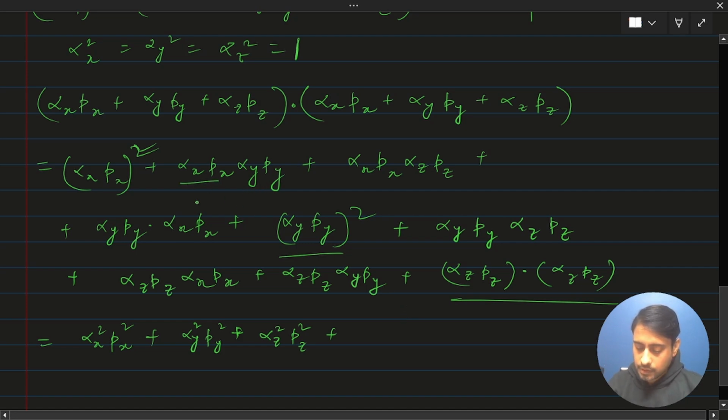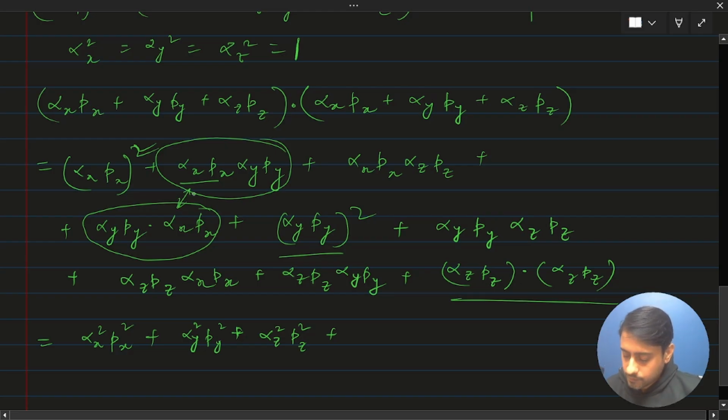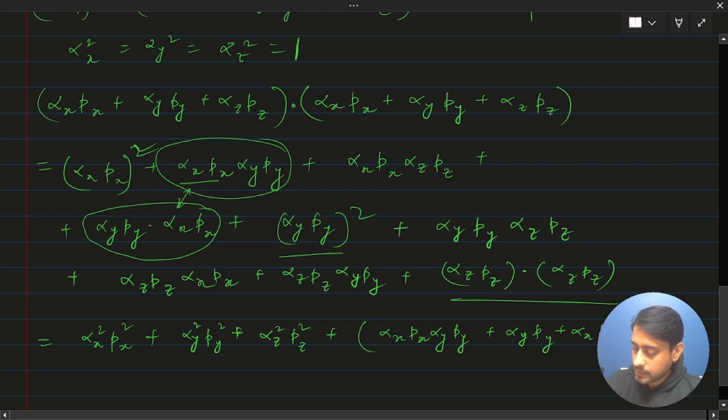You can see that these two terms are related, so we can write them together in a single bracket: alpha x px, alpha y py, plus alpha y py, alpha x px, plus this term, the x and z terms.